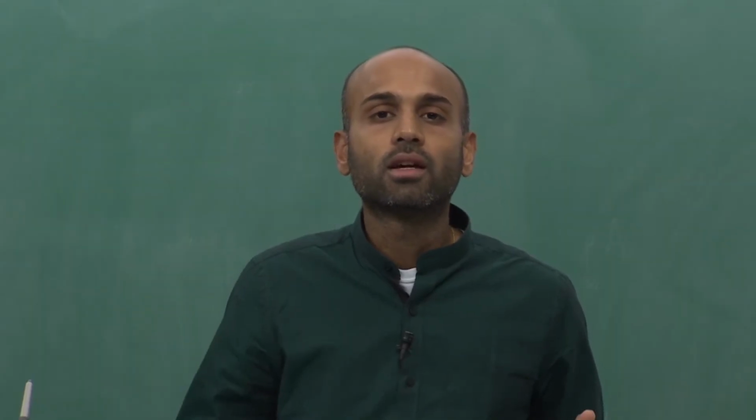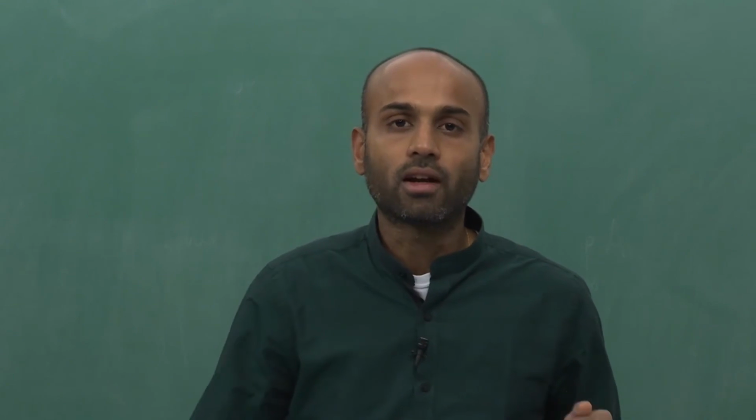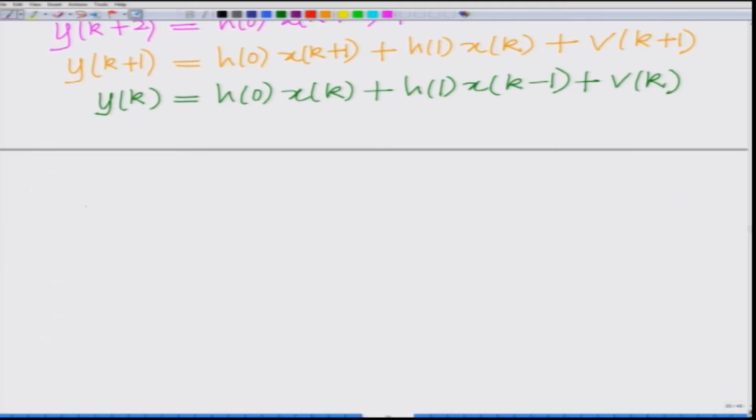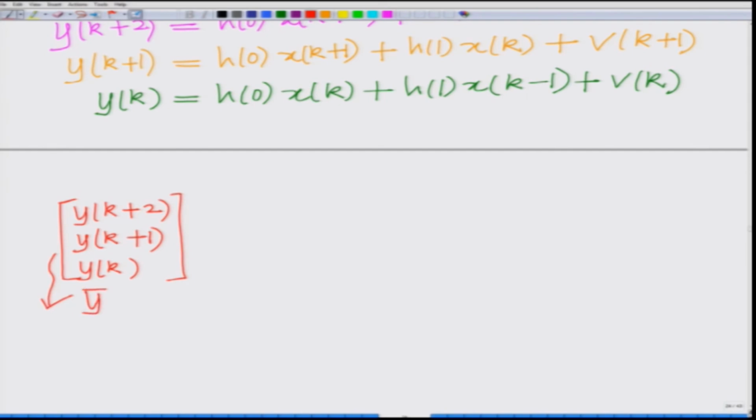Now, I am going to stack these symbols yk plus 2, yk plus 1, yk as a vector, and you can see what system model I get. When I stack these as a vector, I get yk plus 2, yk plus 1, yk. We can call this the vector y bar k, which is an r cross 1, or basically a 3 cross 1 vector, since we are looking at a 3 tap equalizer.